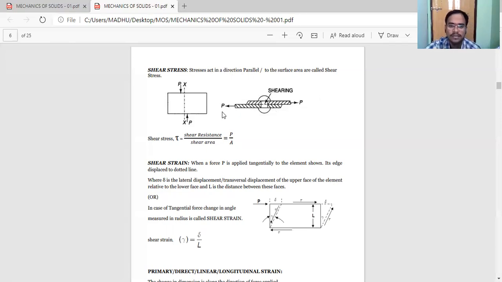Right now, the forces that are acting are of the same magnitude. Now, what happens here? Shearing takes place. It will cut off like this. If this P goes on increasing above its ultimate strength, then it will start shearing, cutting off. It will be subjected to deformation.